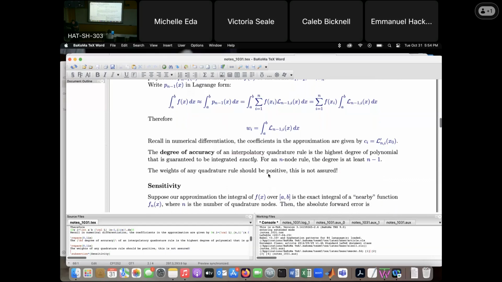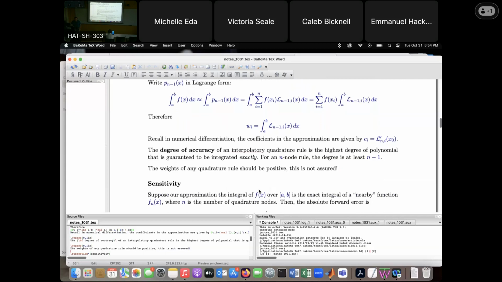Here, backward error analysis comes into play again. Remember, in backward error analysis, your approximate solution is the exact solution of a nearby problem in some sense. That's exactly what we're doing here, and we're doing it with differentiation too. Your approximate integral or approximate derivative is the exact integral or derivative of an interpolating polynomial that's meant to approximate your f of x. So this problem is very well suited for backward error analysis.